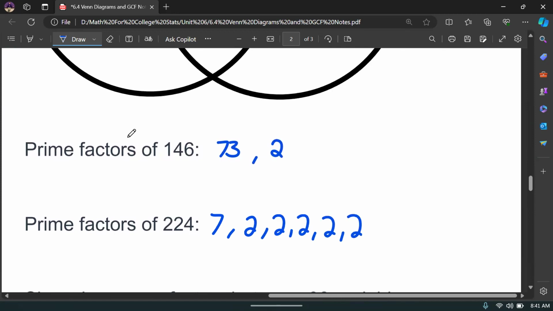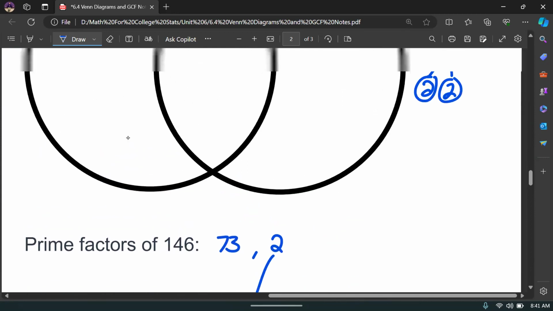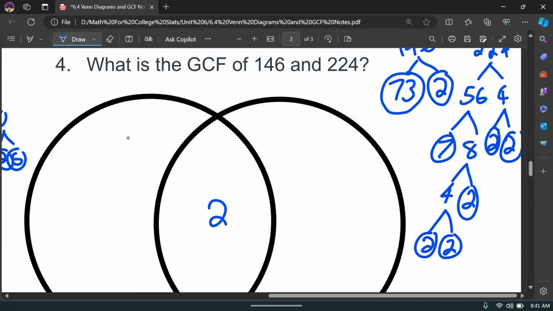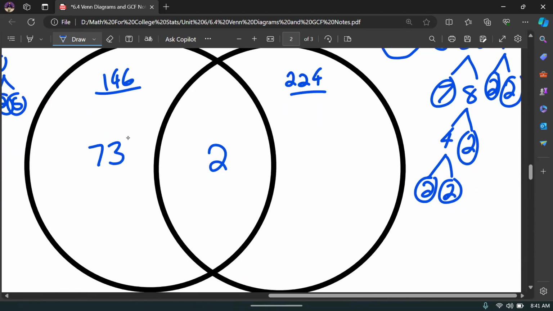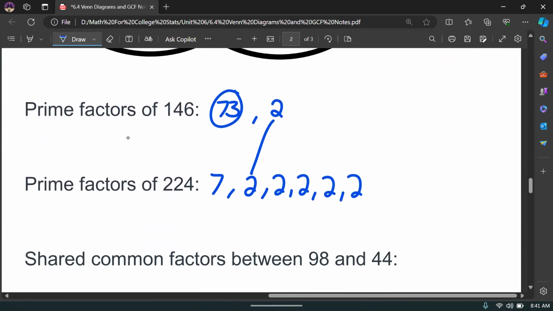So what do they have in common? Well, they have a pair of 2s in common. And that's about it. Just a single pair of 2s. So let's see, 146 and then 224. So 146 has the 73 extra, as you can see. And then the 224 has a 7 and then 4 other 2s extra.